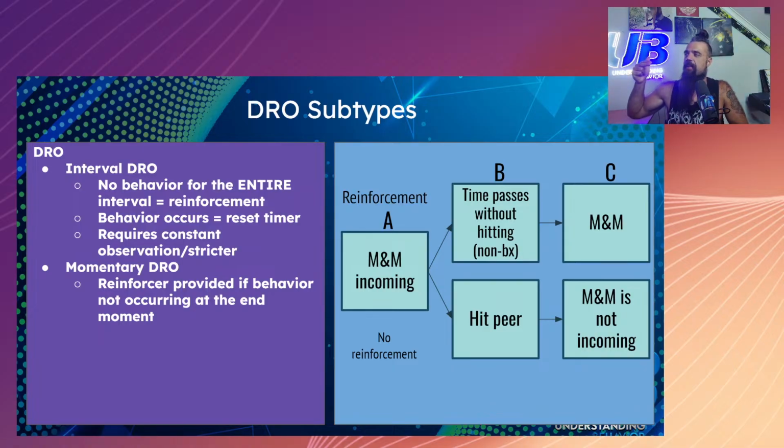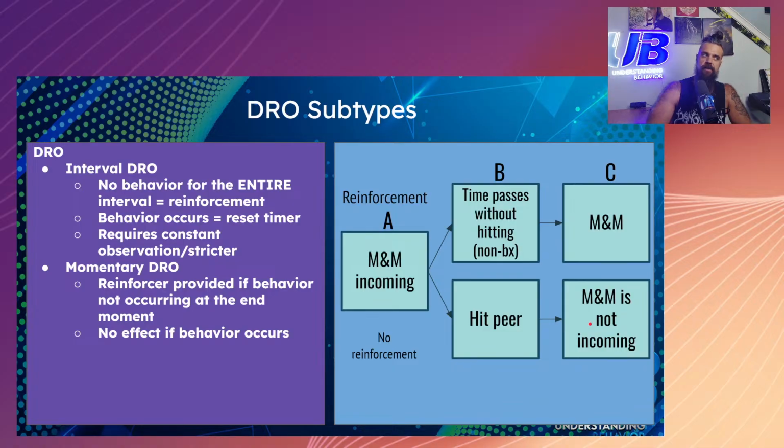At the end of that 2 minutes, are they hitting somebody? If they're not hitting somebody, then they're going to get the reinforcer. If they are hitting somebody, then they're not going to receive the reinforcer. So if the behavior occurs during the interval, there's no effect at all. We're only concerned with that end moment.